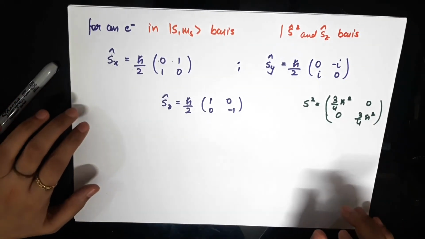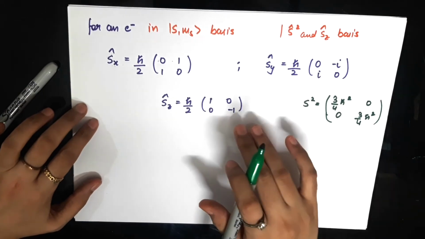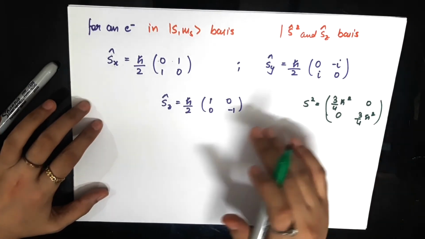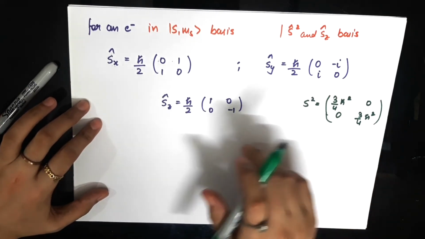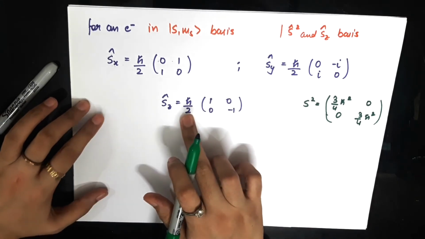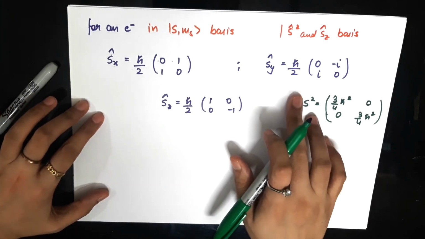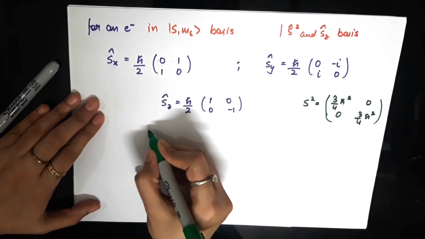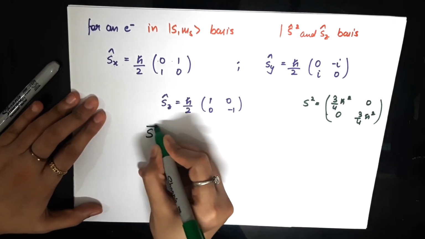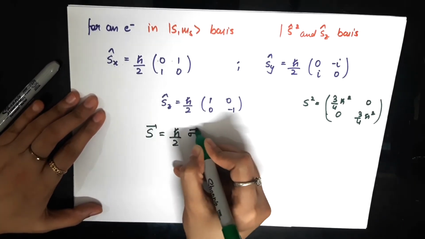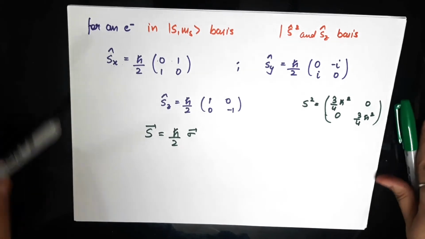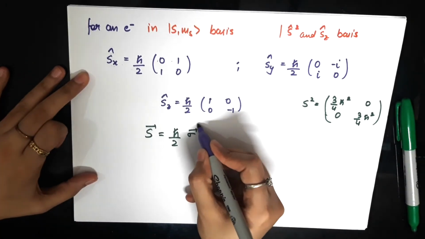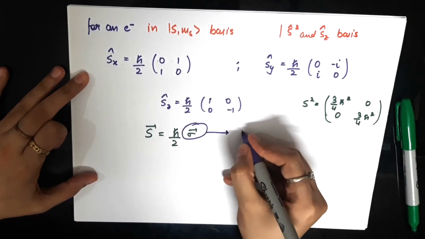So now where do Pauli matrices enter this picture? Pauli matrices are nothing but the spin matrices corresponding to a spin half particle or an electron, excluding these constant common factors of half h bar. So this is how we define the Pauli matrices: the S vector would be equal to h bar by 2 times the sigma vector, and this sigma vector is what we call the Pauli matrices.